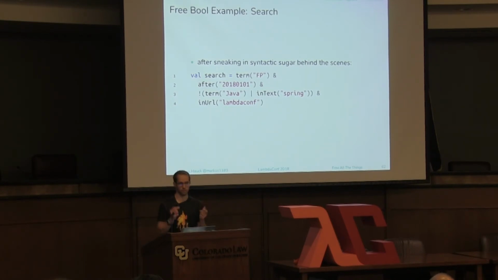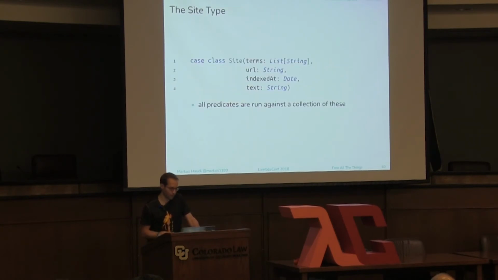So we used our DSL to construct a basic predicate on something. We have not yet defined on what. And for that we can define, just for the sake of the example, a simple site representation. So this might sit in some database or whatever. And it has a list of terms, the URL when we index that site, and the full text. And all of our predicates will be run against this data structure.